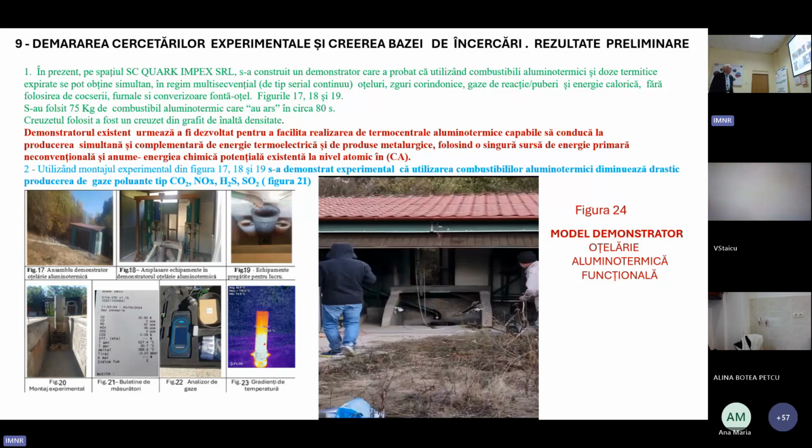Și un lucru foarte important este că acest tip de reacții ale combustibililor aluminotermici este capabil să schimbe paradigma care zice că producerea materialelor metalurgice și producerea de energie termoelectrică este poluantă și energofagă.